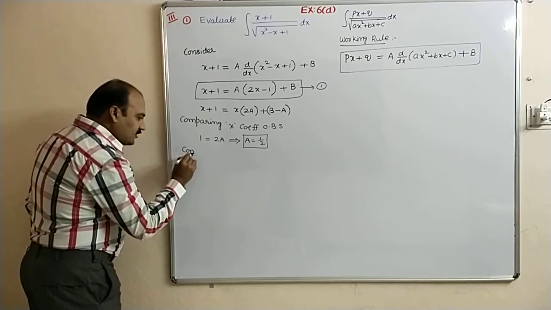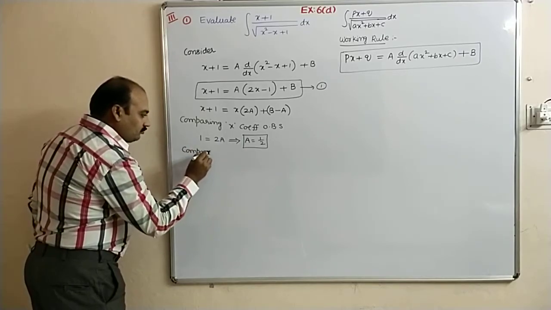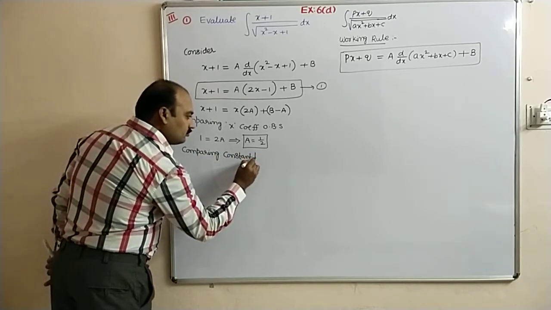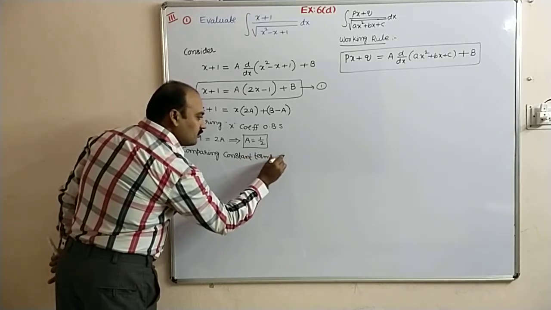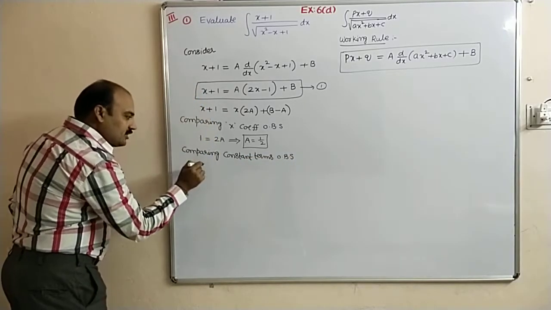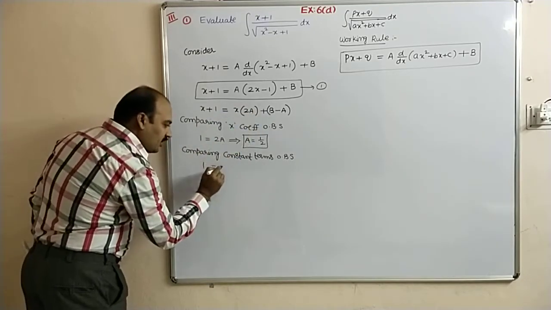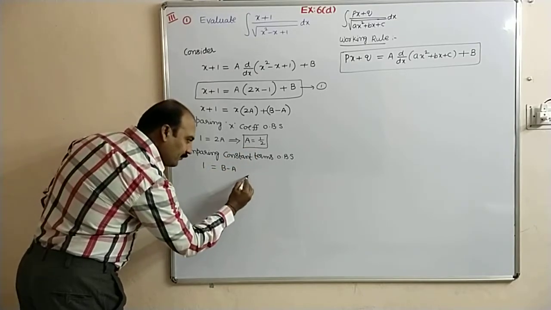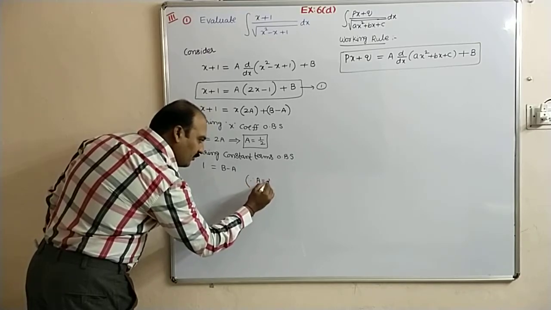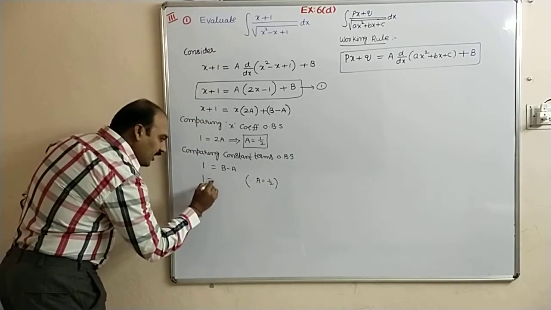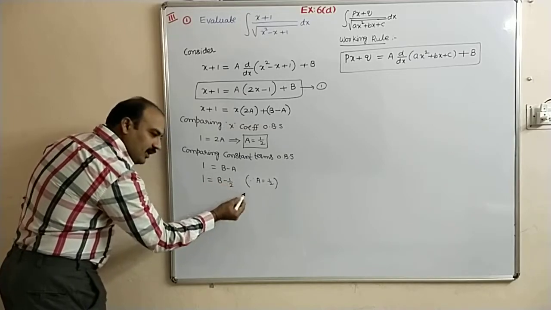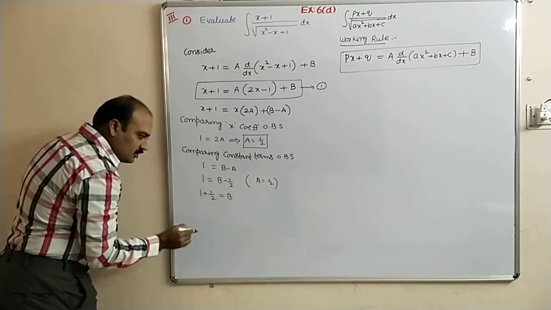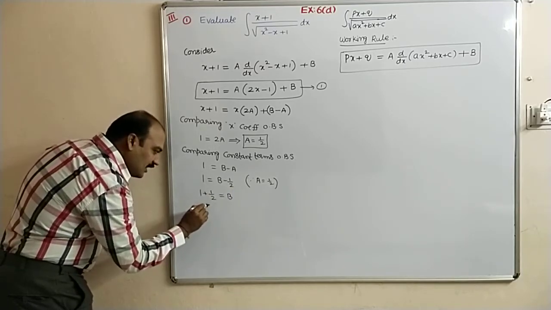Comparing constant terms on both sides, the constant term is 1, equal to B minus A. Since A is equal to 1 by 2, substitute here: 1 equals B minus 1 by 2. Taking minus 1 by 2 to this side, 1 plus 1 by 2 is equal to B. So 1 plus 1 by 2 is 3 by 2, since 2 plus 1 is 3.